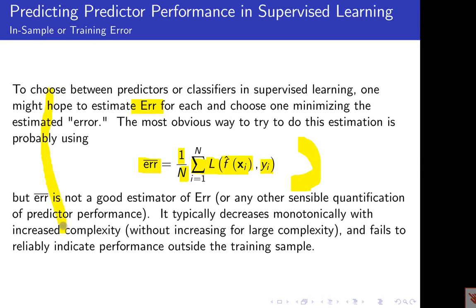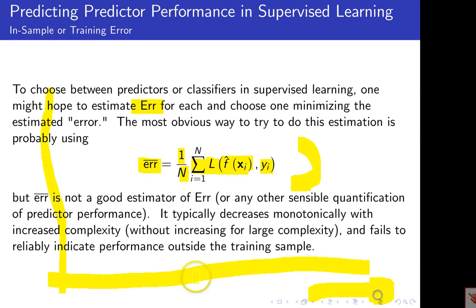So if I had a set of axes here, with complexity going this way and ERR bar going this way, then ERR bar as a function of complexity just does something like that.